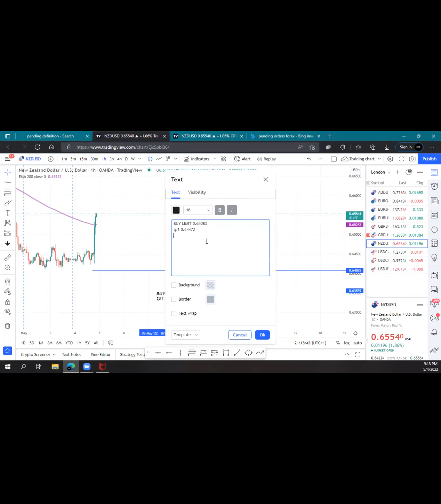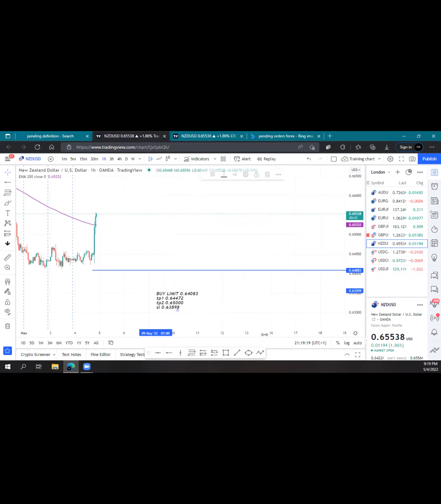Then I also give you TP2, something like this, 0.65. Then let's say SL 0.6. Now, guys, this is not a trade idea. I'm just trying to give us an example, so don't enter this. Don't actually take this. Okay, so let's say we got a trade idea like this.